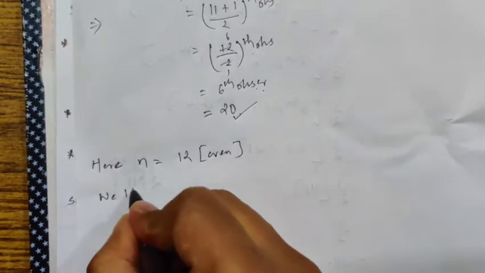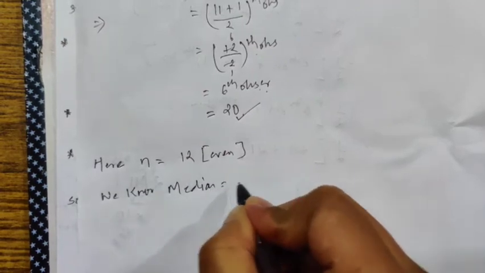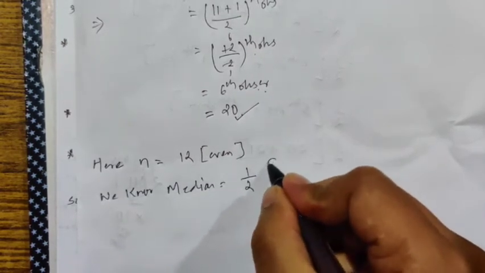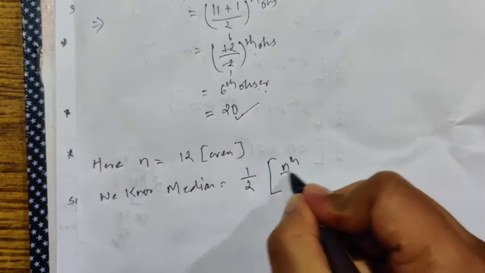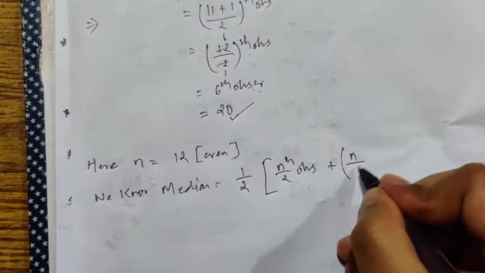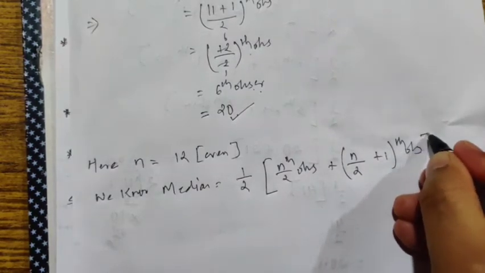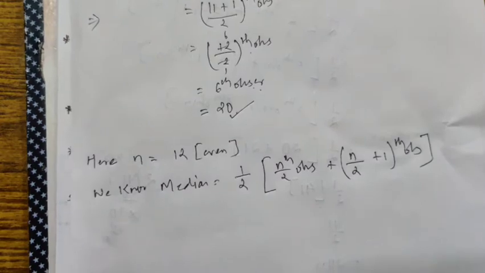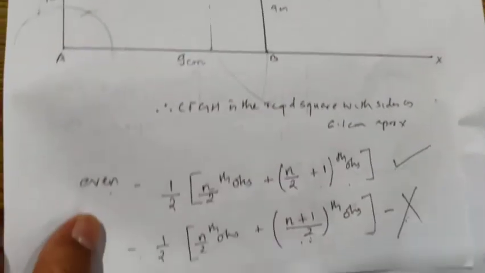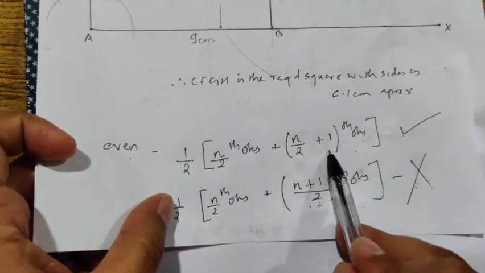We know median equals 1 by 2, (n by 2)th observation plus (n by 2 plus 1)th observation. Please, people, see how I've written observation. I've told you, people, not this way, but this way.